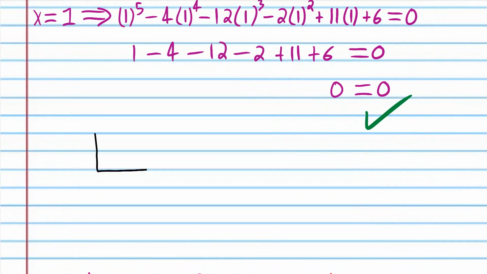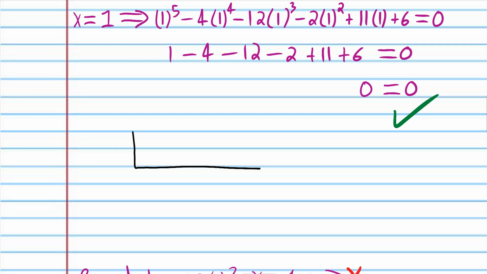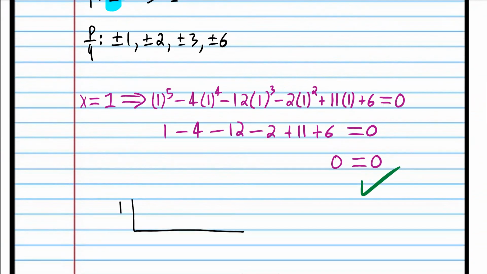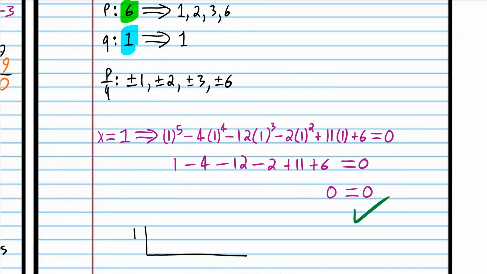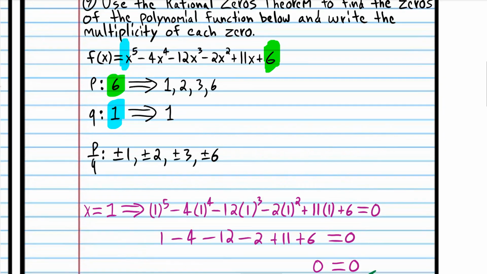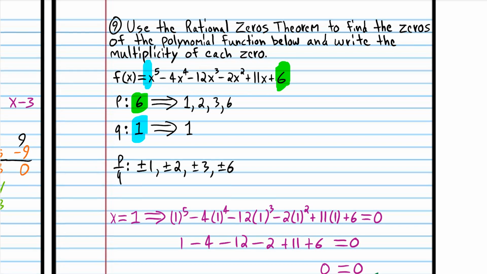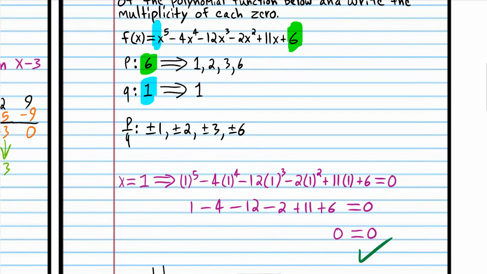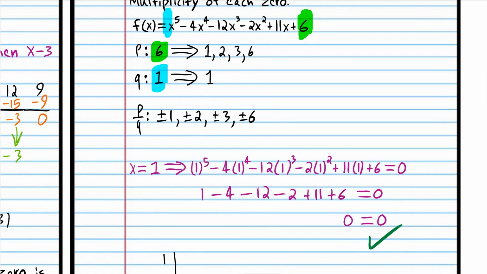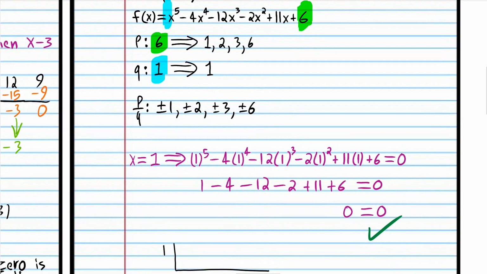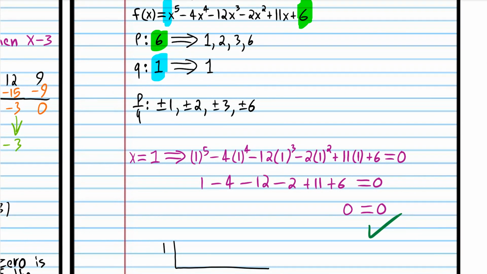We're going to use synthetic division, and we're going to divide by x minus 1. The factor theorem tells us that if 1 is a 0, if you plug in 1 and you get 0, then x minus 1 is a factor of this polynomial. So we're going to divide by x minus 1 and figure out a depressed polynomial that's going to help us solve the rest of the problem.